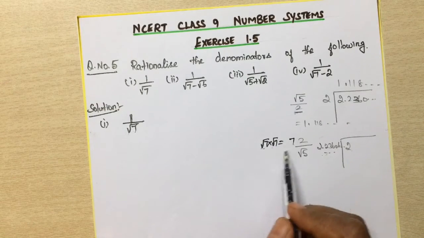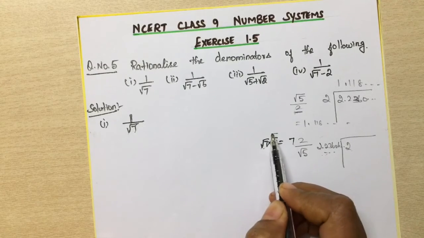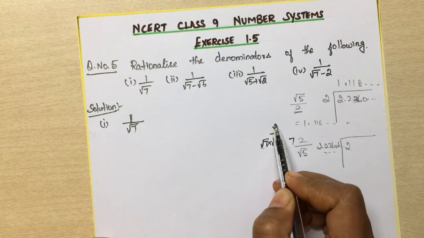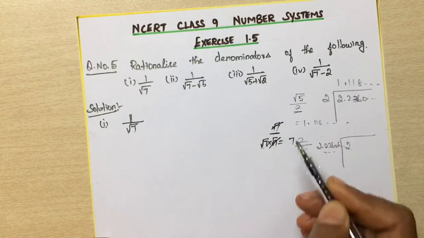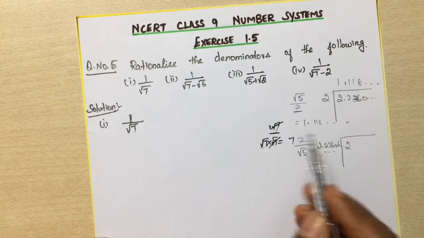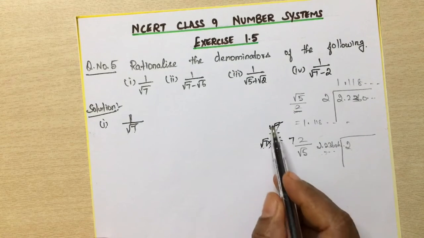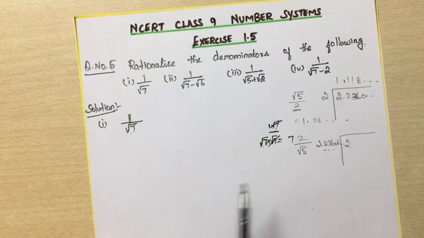But we can't simply multiply by root 7, so to keep it equal, we are going to multiply and divide by root 7. As you can see, root 7 divided by root 7 gives us the value 1. So root 7 into 1 will be again the same root 7. So the value remains unchanged.